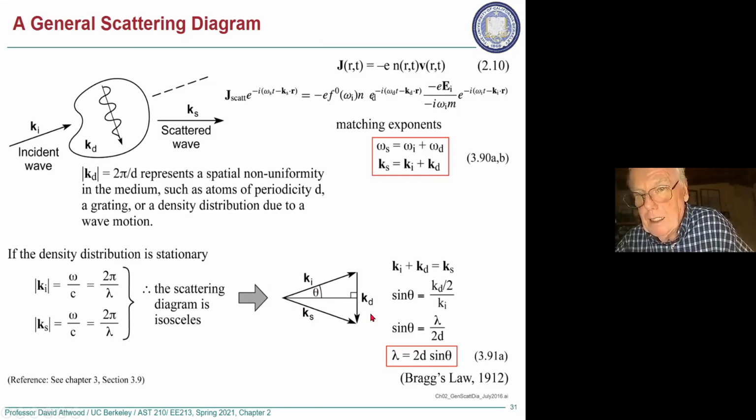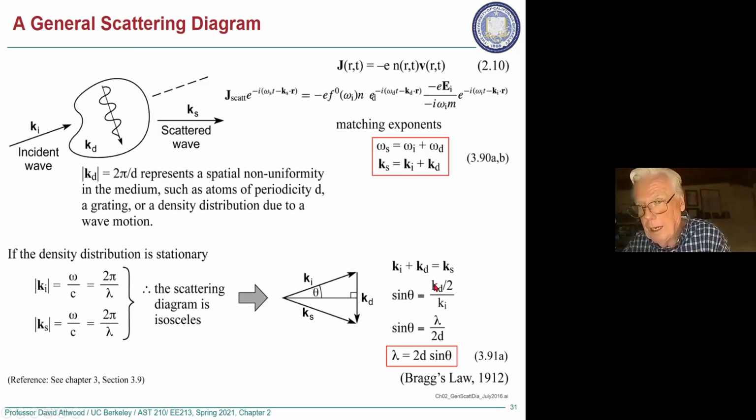And this KD, this is 2 pi over whatever the periodicity was. If you look at the diagram, just solve for the sine of the angle. It's the magnitude of KD, again, a 2 pi over something. It's half of this divided by the hypotenuse. So the sine of the angle is this.